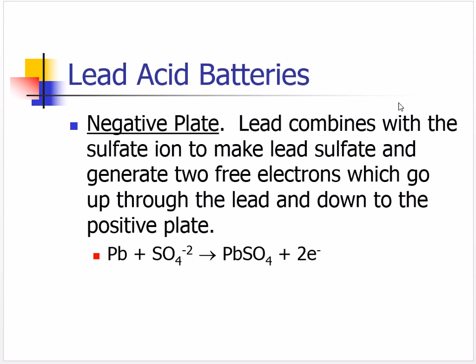The chemical reaction is that the lead combines with the sulfate ion to make lead sulfate, and lead sulfate plates out on the lead plates. But that gives us an excess of 2 electrons, and that's how we're making the electricity. The electrons then go up the plates, and that's where the electricity comes from.